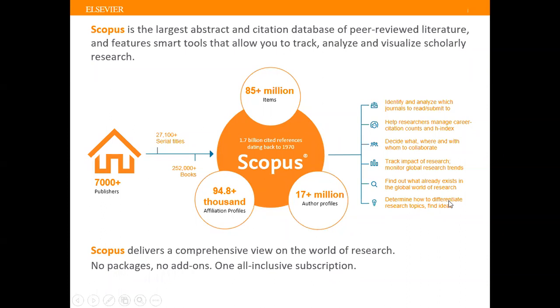Determines how to differentiate research topics and find ideas. So you notice that actually in ScienceDirect, most of the journal and book contents indexed or available in the ScienceDirect database are mostly published by one publisher, Elsevier.